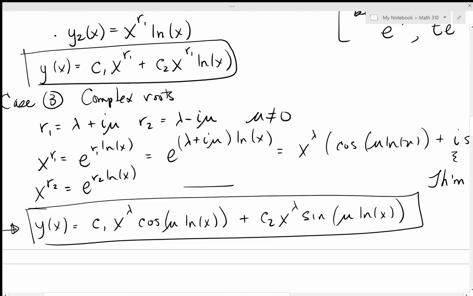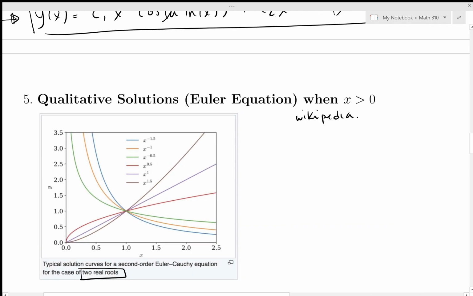Maybe I'll just write the solution function right here: y equals c1 x to the r1 plus c2 x to the r2. So we have solutions here where the values of r are being specified to give you a sense of what they look like. But they are real and distinct.